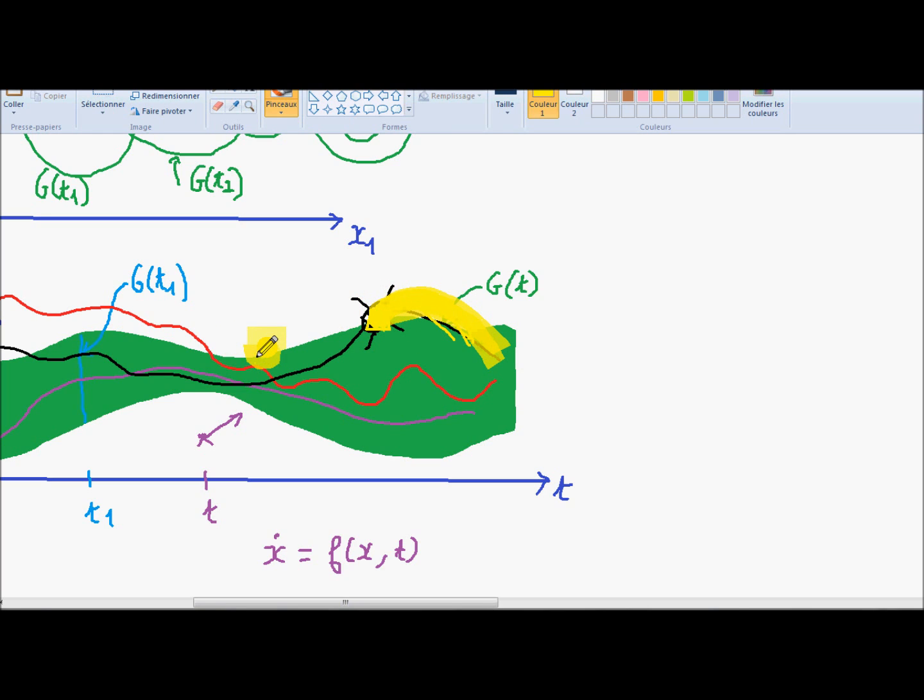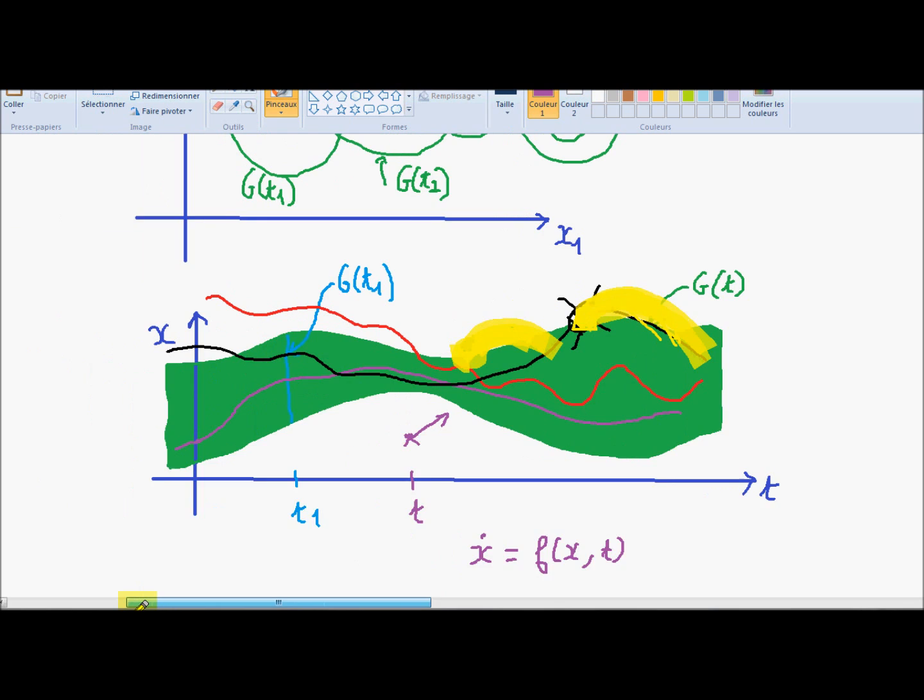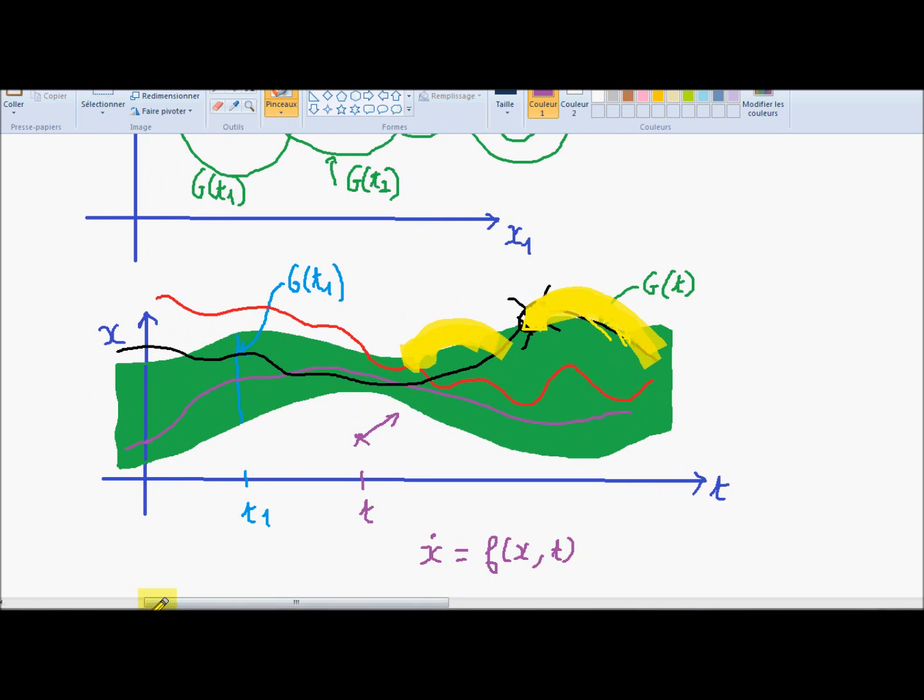And at the end, I will obtain a tube which encloses first the basic tube, the initial tube, like this, okay. But it will also enclose all the integration parts like this one.